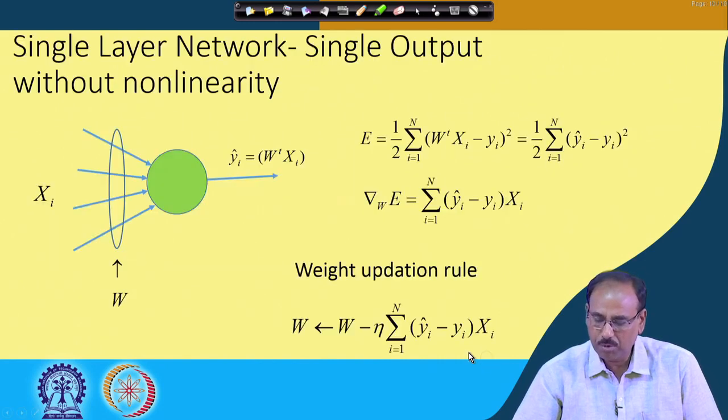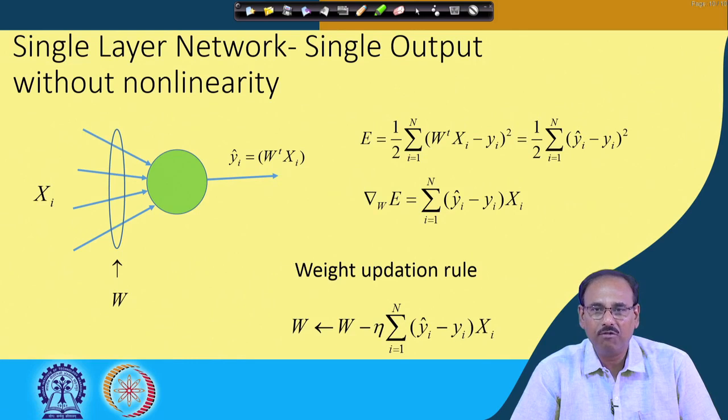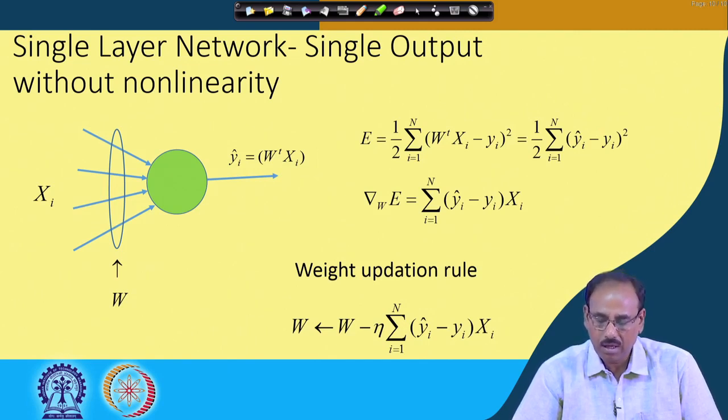So, to talk about backpropagation learning, first I will consider a very simple neural network consisting of a single layer, which is the output layer. Of course, you remember that we said before that using a single layer, I can solve only linear problems, I cannot solve any nonlinear problem.